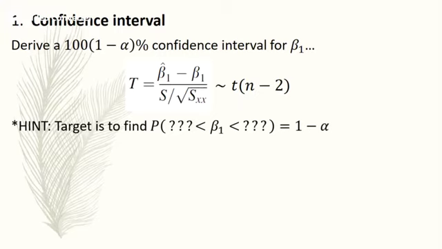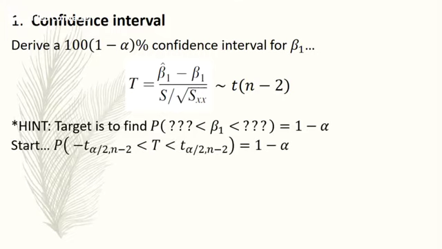As you always start, this is the idea. You want to find something that you can put as a lower bound and something as an upper bound, such that the probability that beta 1 is in between those values is 1 minus alpha. So you will start from this. Your pivotal quantity is this thing, which you know has a t distribution.